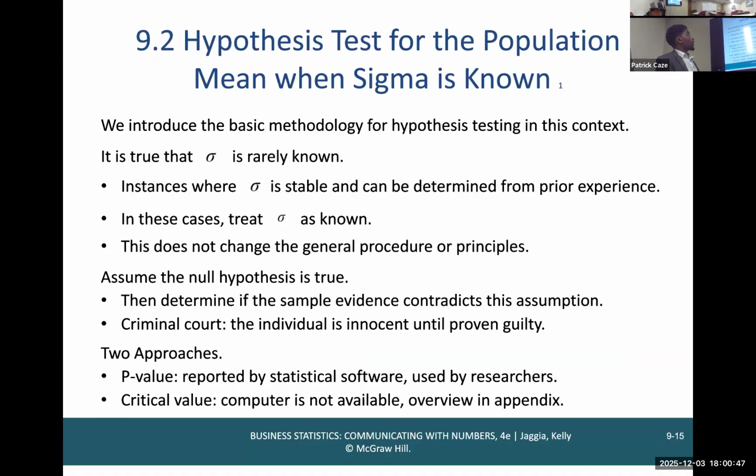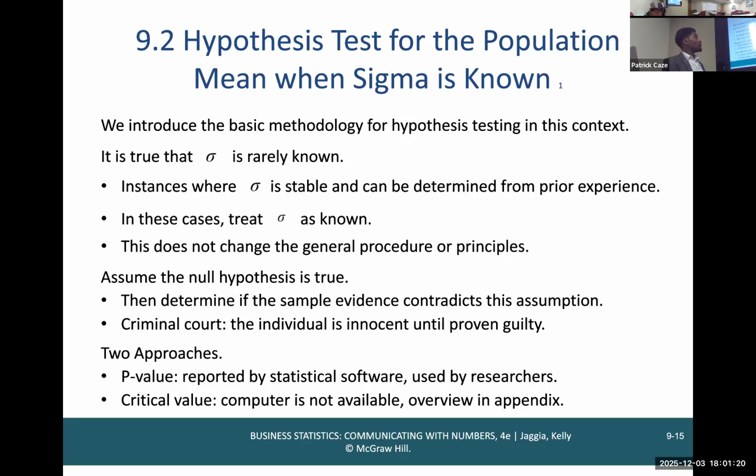All right, so hypothesis testing for the population mean when sigma is known. Typically, as you're doing your research, you will not always know what the standard deviation, or sigma, is. But if someone has done this research before, or there's a prior pre-established sigma, you'll use that sigma as your guide.